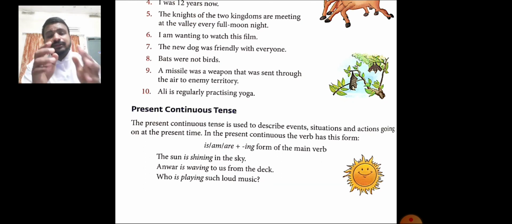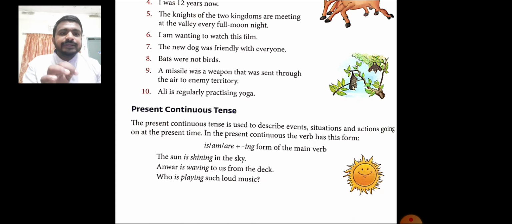So, now let us see the formula. Subject plus is or am or are plus the ing form of the main verb. For example, I am listening to the class.